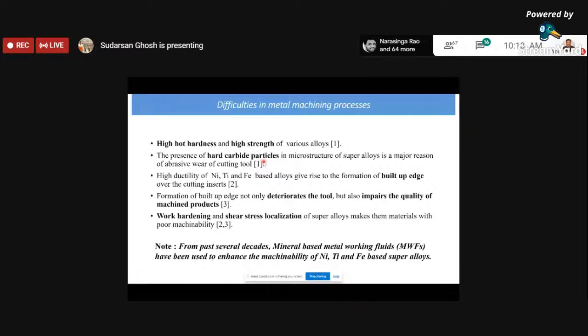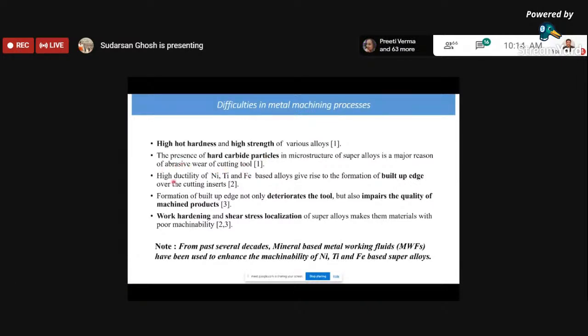So when these hard carbide particles impact on the cutting tool, there is wear on the cutting tool. There are various categories of wear, but the wear which normally happens when the hard carbide particles impact the cutting tool is basically abrasive wear.